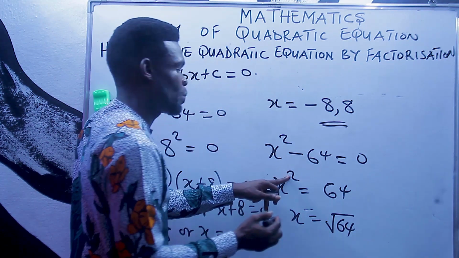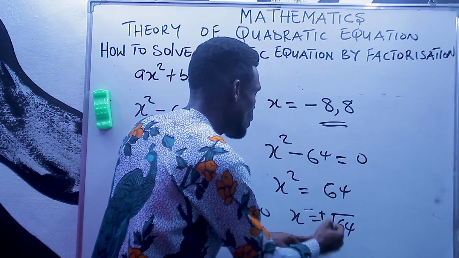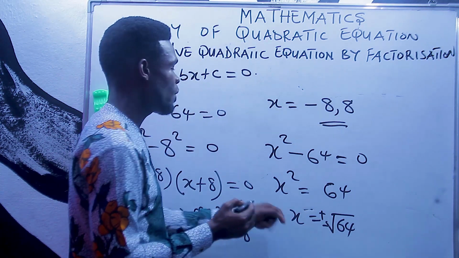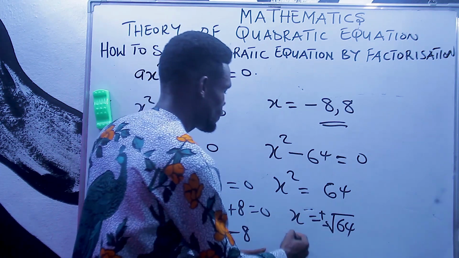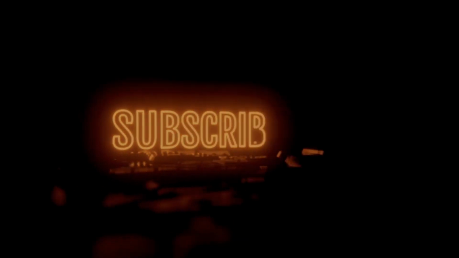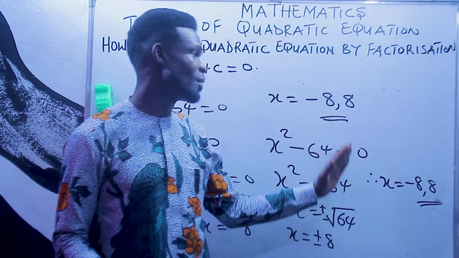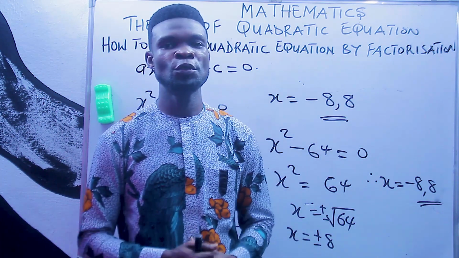Now because it was power 2 that crosses to become square root, you say this is plus or minus. So whenever a square crosses an equality sign, it becomes plus or minus square root, so that x will be equals to plus or minus 8. So this is exactly how to solve quadratic equations by factorization method.